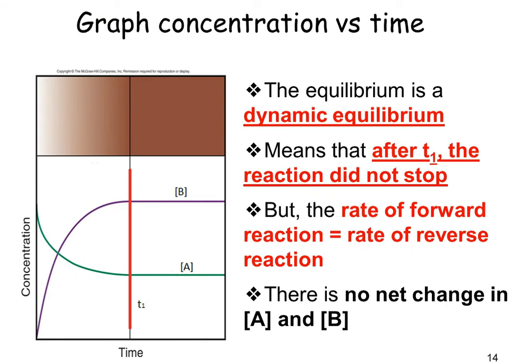This means that after t1, the reaction does not stop, but the rate forward equals the rate reverse. When the rate forward and rate reverse are equal, the equilibrium is a dynamic equilibrium, and there is no net change in concentration of A and B.